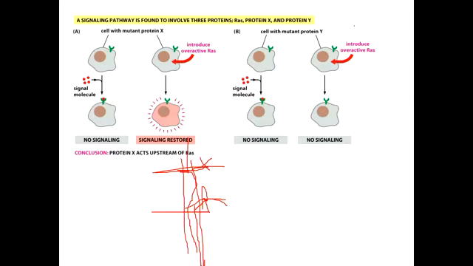On the other hand, with mutant protein Y, there's no signaling because Y is not working. You introduce overactive RAS and still no signaling. So is Y upstream or downstream of RAS? Downstream, right. So Y is somewhere down here. Even though you're adding an overactive RAS, dumping all this water in here, it's not going to do anything because Y down here is going to stop the water flow.